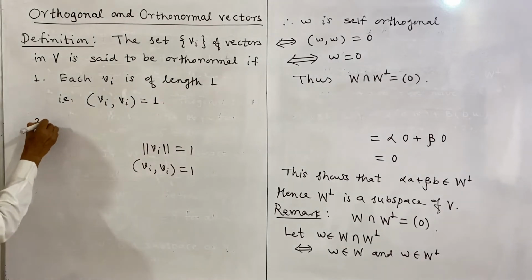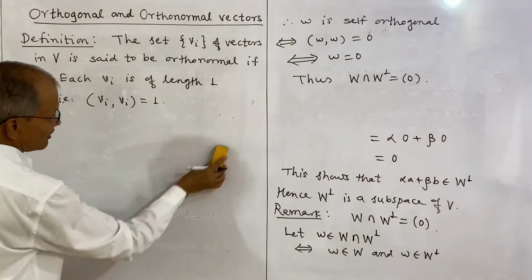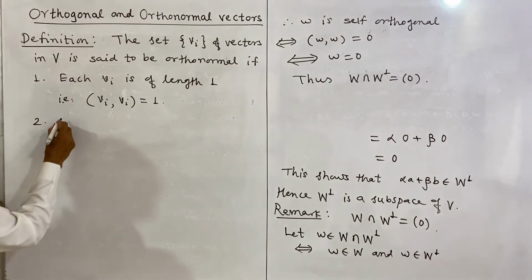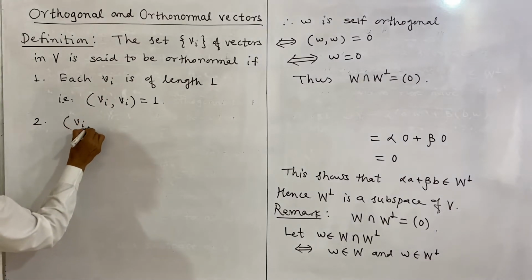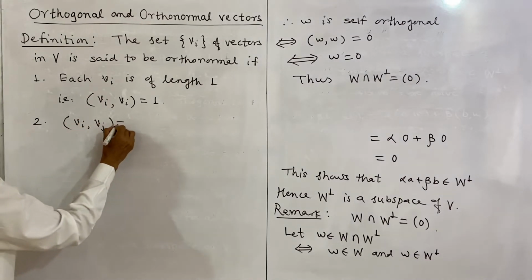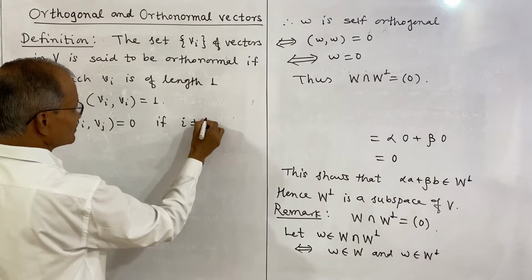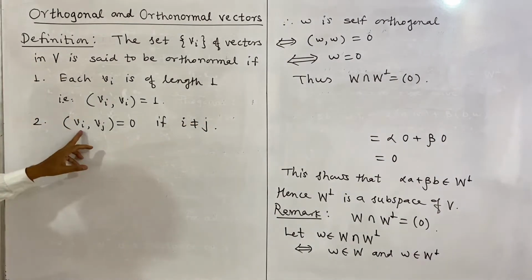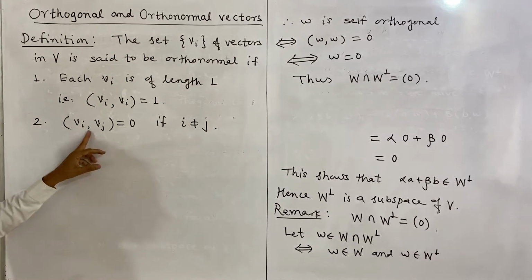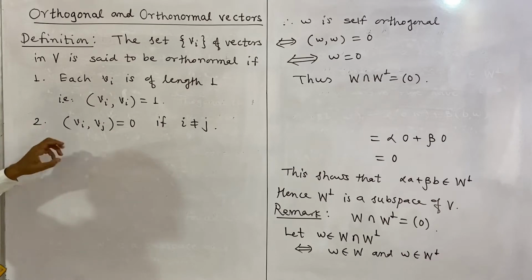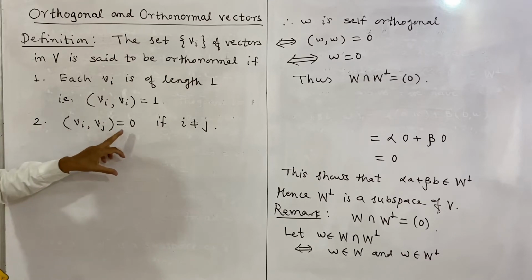And second, the inner product of Vi with Vj is equal to 0 if i is not equal to j. That means if these suffixes are different, meaning the two vectors are different, then their inner product is 0. This means the different vectors are orthogonal to each other.